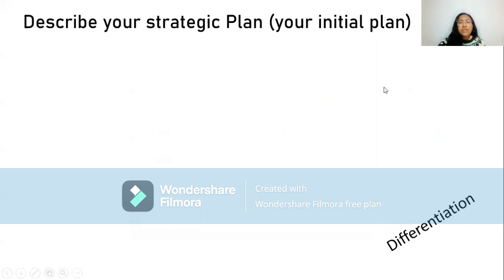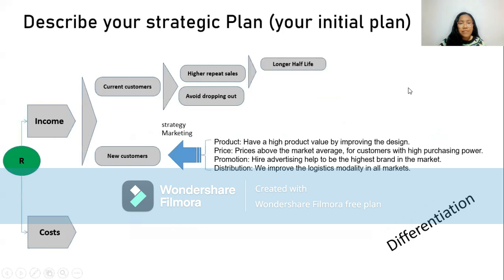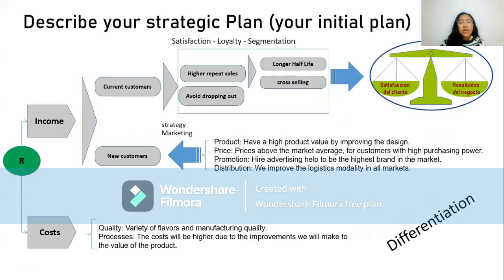Describe your strategy plan. Icon and cost, new customer strategy marketing, product. Have a high product value by improving design. Price above the market average for customers with high purchasing power. Promotion.